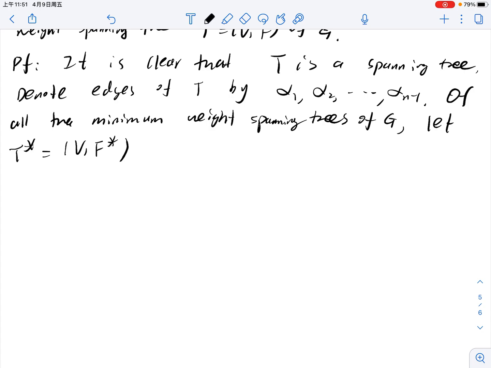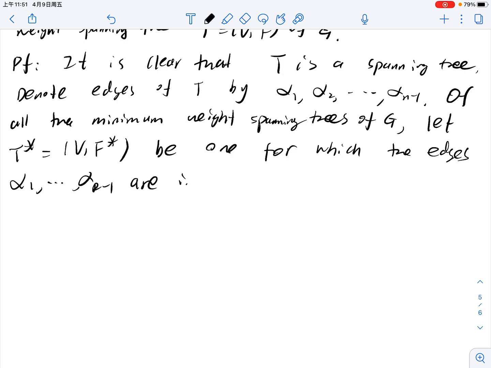T* is one for which the edges alpha_1 to alpha_(k-1) are in T*, and k is largest.